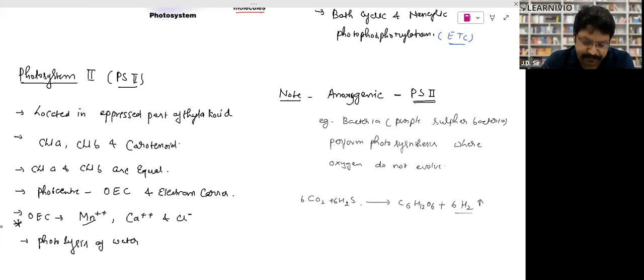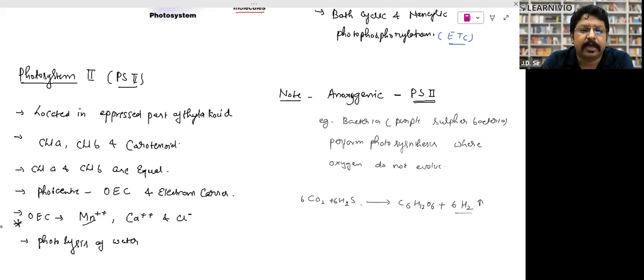Anoxygenic photosynthesis takes place in bacteria, like sulfur bacteria. Full stop.